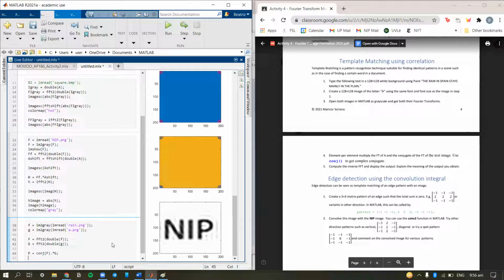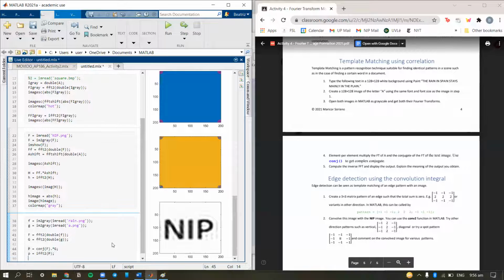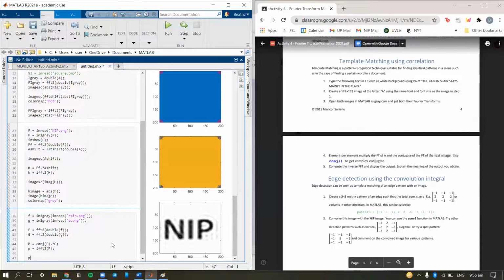And now the usual small p equals inverse Fourier transform 2 of capital P. And then image, I think we can go ahead and image abs. Or sige, image there. That's it.